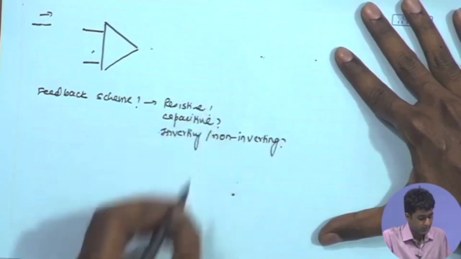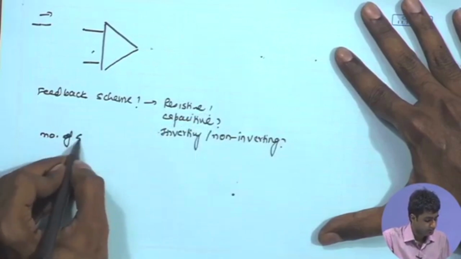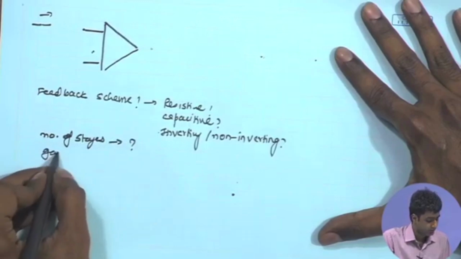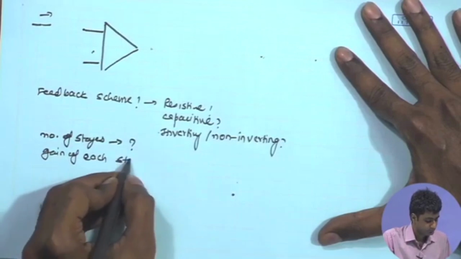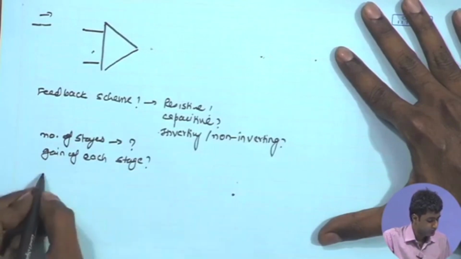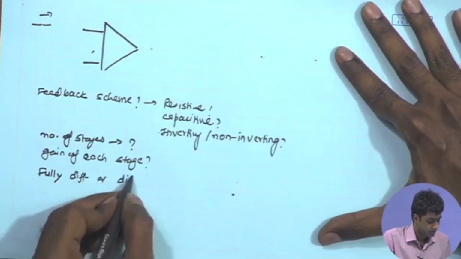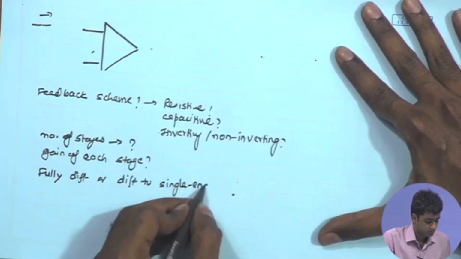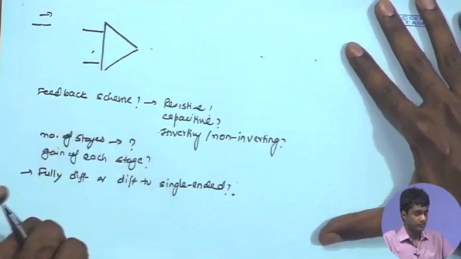So, we need to answer these, then we need to see the number of stages involved, gain of each stage. We need to see whether we need to have a fully differential or differential to single ended topologies for our amplifiers. These are the questions that we would like to answer.